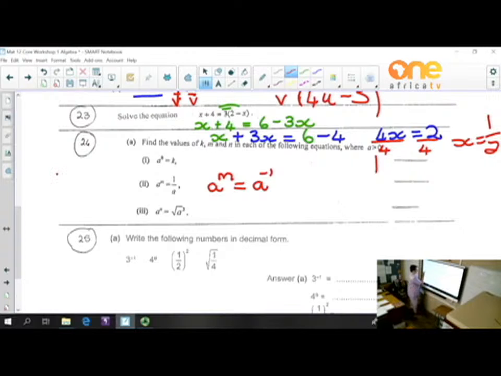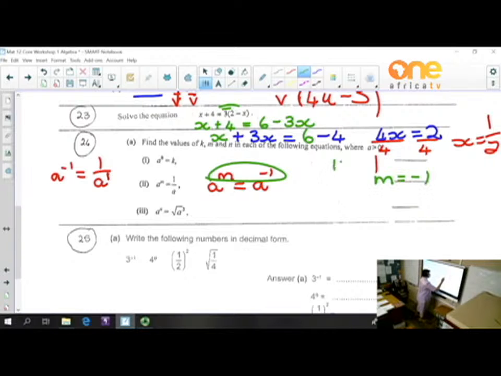It's again this rule. A to the power of negative 1 is the positive reciprocal. So I reciprocal it. Now, because your bases are the same, we can just solve the indices, and m is then equal to negative 1. K is 1, m is negative 1.